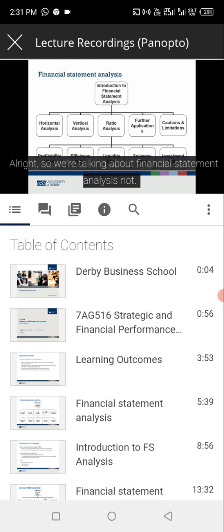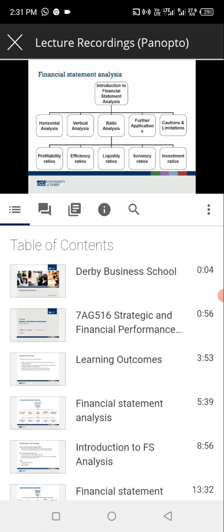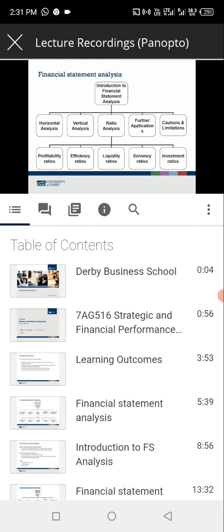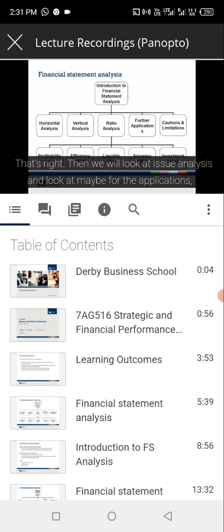So when we're talking about financial statement analysis now, we will look at different ways of analyzing financial statements. We will look at horizontal analysis, and we will look at vertical analysis. Then we will look at ratio analysis and maybe further applications.